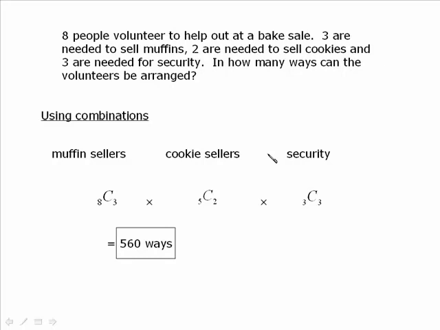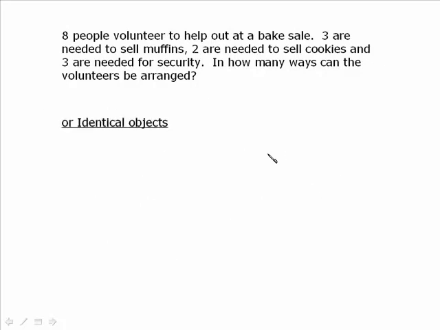Another way would take us back to identical objects that we were doing a few lessons ago. It may have occurred to you, in a case like this, that if you assigned the letter M to muffin sellers, and the letter C to cookie sellers, and then the letter S for security people, then you have these 8 letters, and you arrange them as though they're identical objects, because that's all that you're doing.